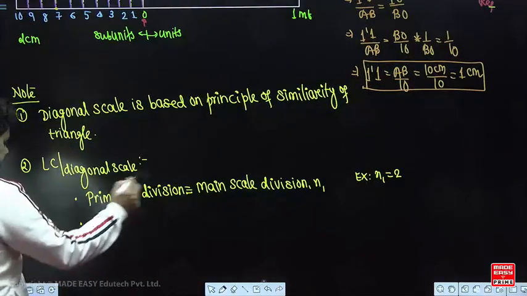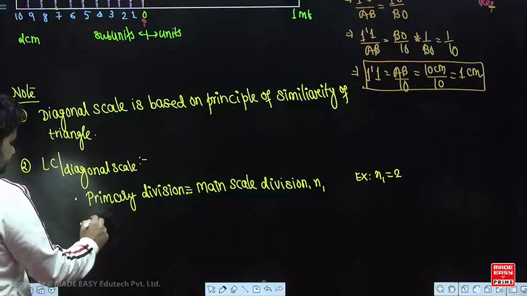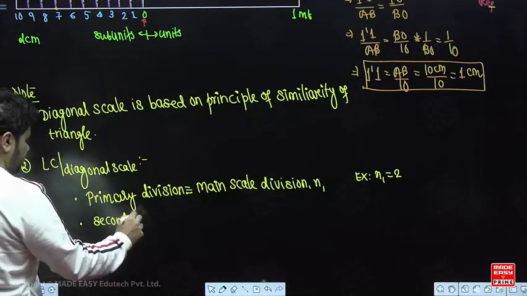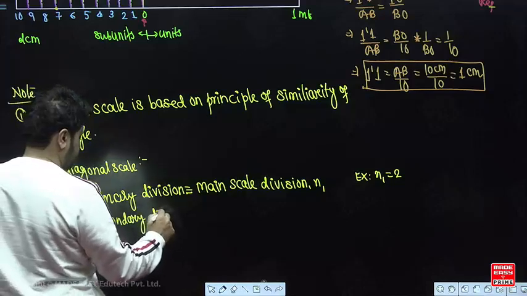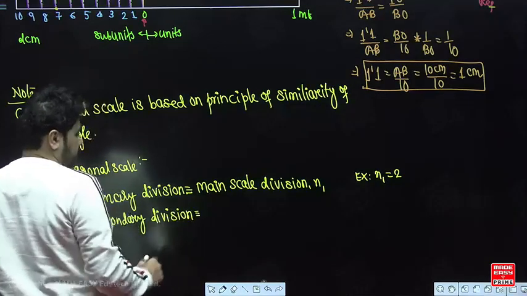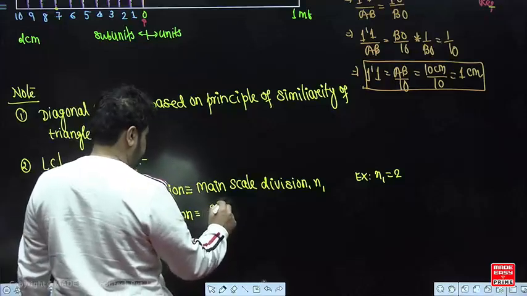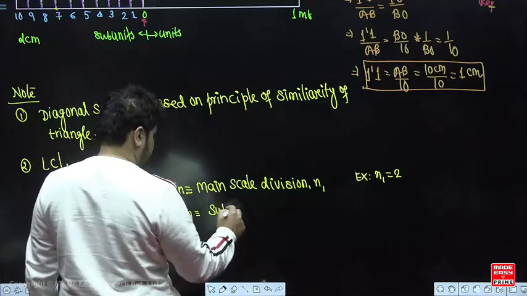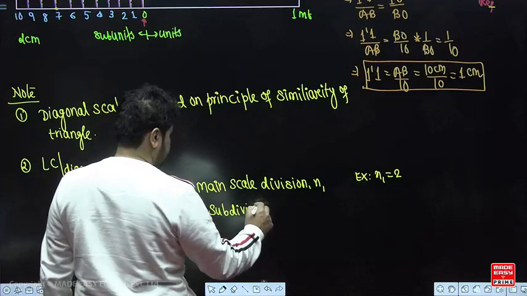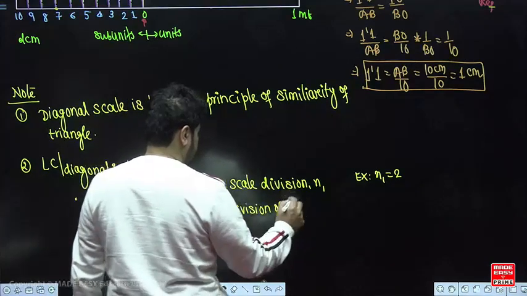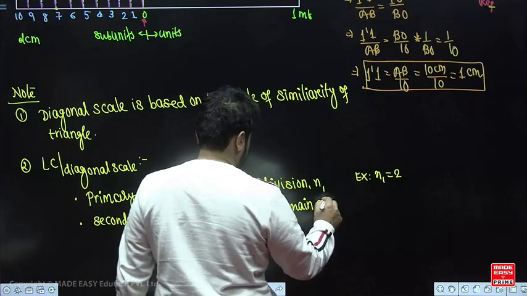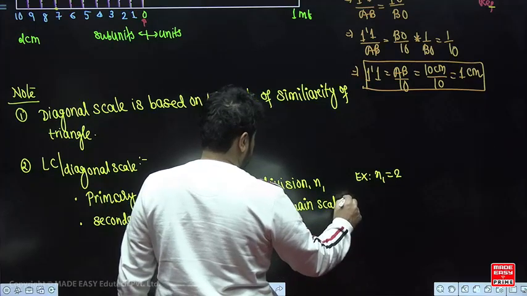Second is your secondary division. It is equal to the subdivision of the primary scale, main scale, and it is denoted by N2.